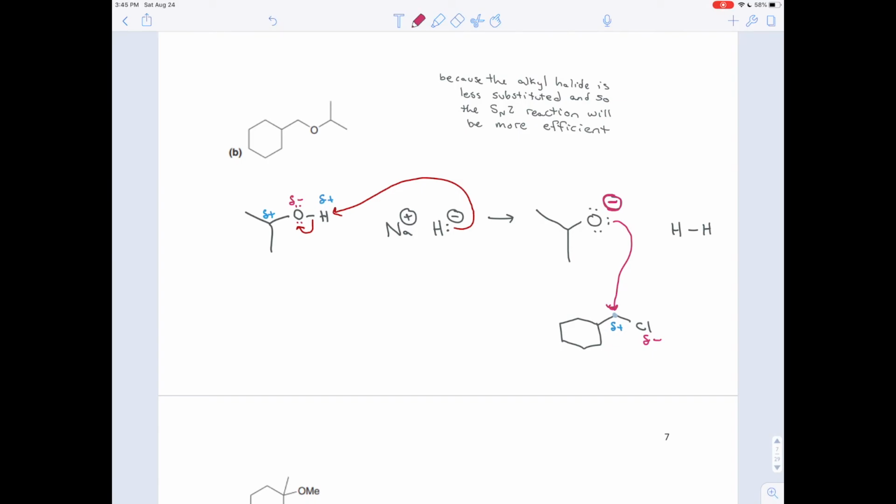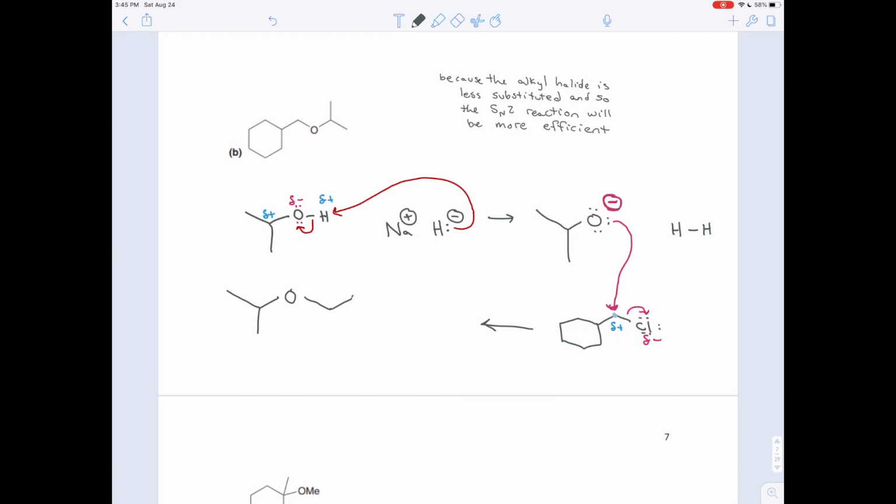Now carbon can only form 4 bonds. That carbon already has 4 bonds. So one of the bonds has to break, and the weakest bond is the bond that's already kind of broken with the separation of charge. And so this bond to the chlorine breaks. The electrons go onto the chlorine. Now that chlorine there already had 3 lone pairs. It's now going to have a 4th one. What was the alkoxide is now going to have a branch to a carbon.